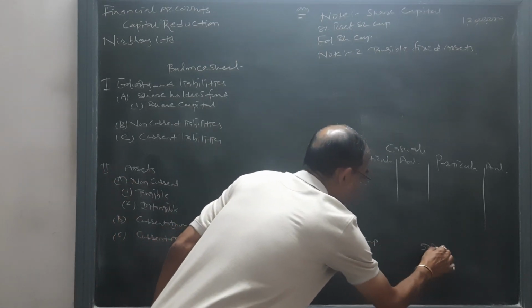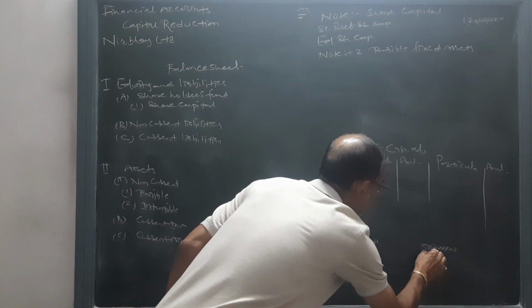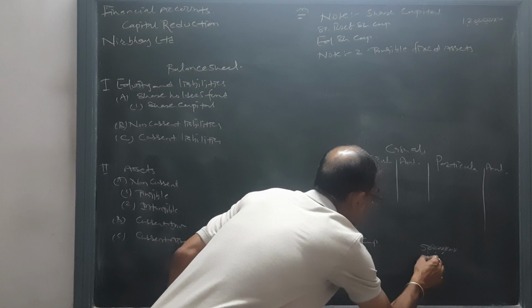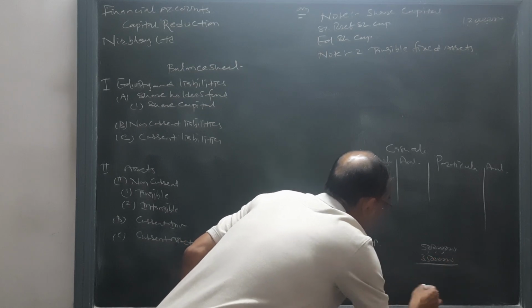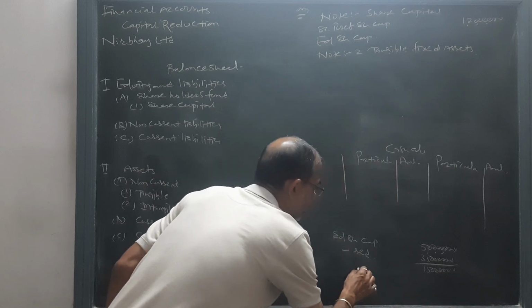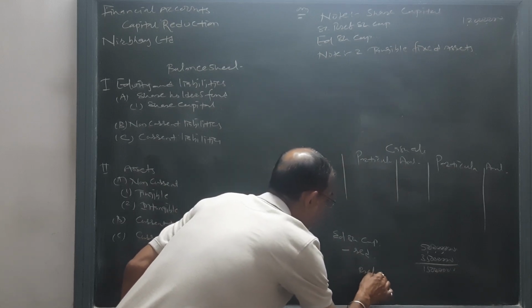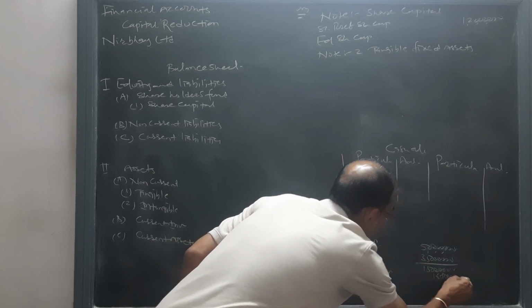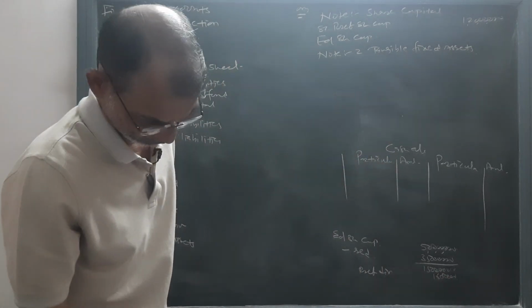Total was 5 crore minus reduced 3 crore 50 lakhs, so remains 150. Then after preference dividend was given as equity share capital 16 lakh.